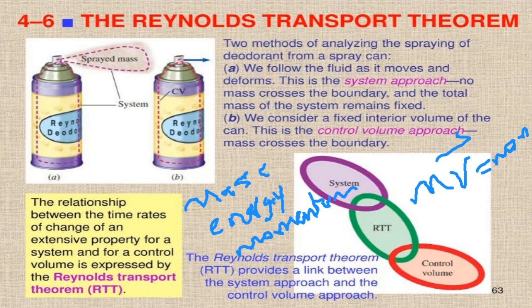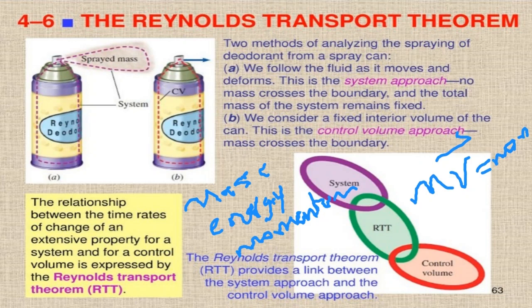What was the difference between them? Do you remember? In a closed system, no mass was crossing the boundaries, right? In an open system, mass can cross the boundaries. It can come in, it can go out. So this is the difference between the control mass or closed system and control volume or open system.